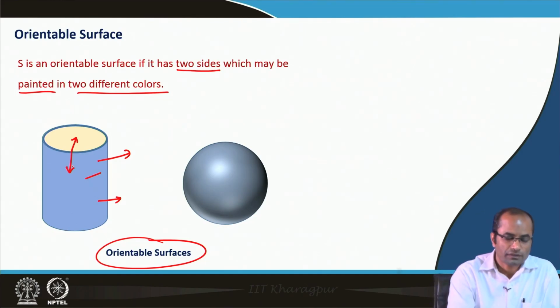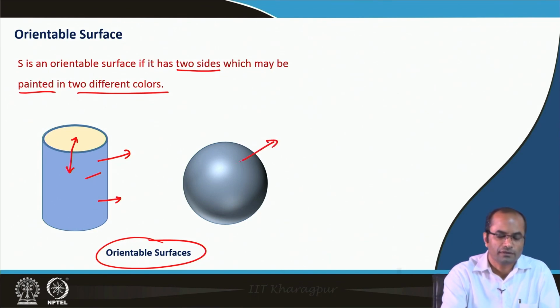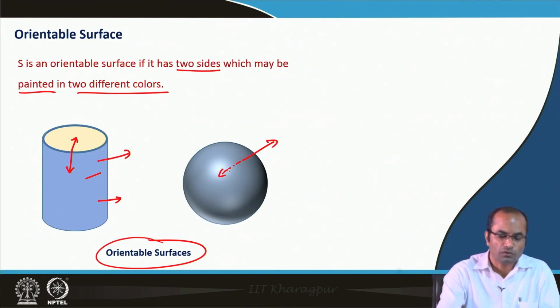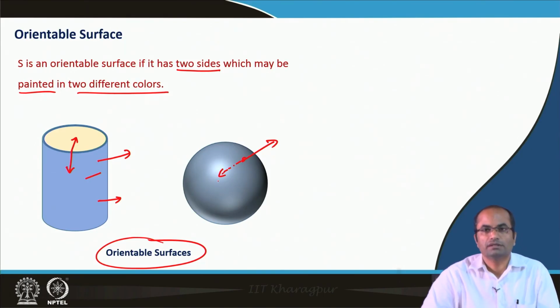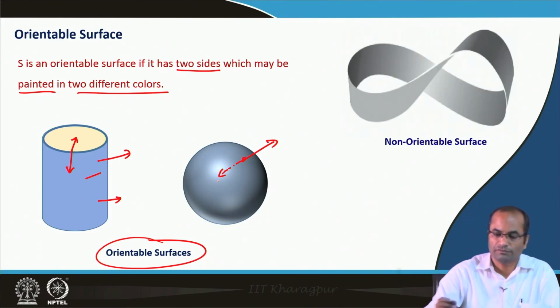Similarly, for the sphere as well, we have two normals at any point. One is the outward normal and the other one is the inward normal. So, at any point of these surfaces we have a unique normal, and they will have two directions. One will be just the opposite of the previous one.